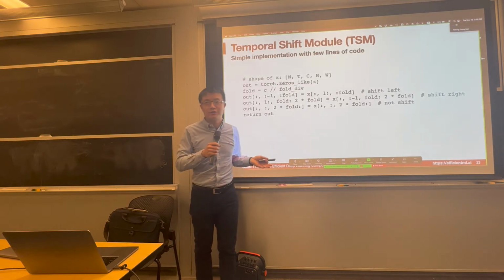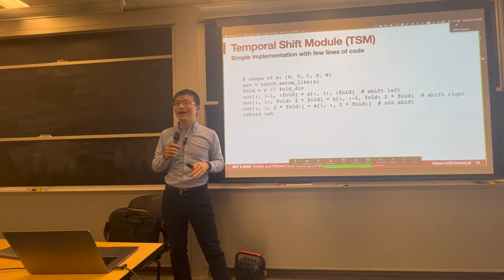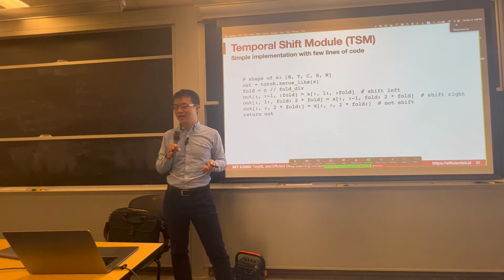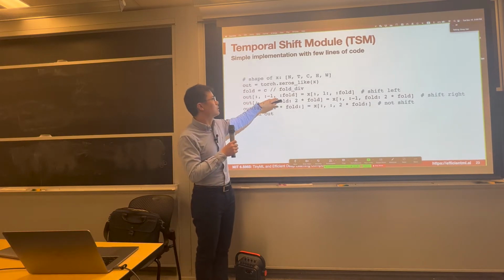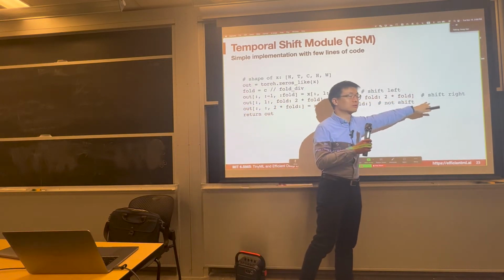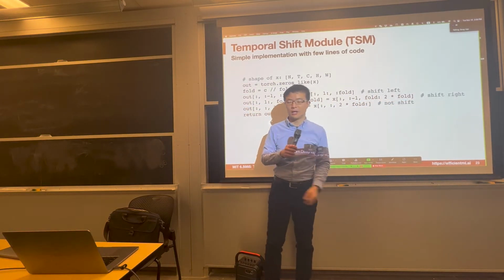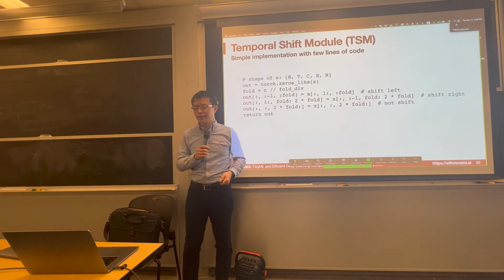And the implementation is very straightforward. Just a couple of lines of Python code. Now you can turn your 2D CNN into something that can understand videos. From the first fold, we shift left. Second fold, we shift right. And the remaining channels, we do not shift them. Just very simple tensor operations.